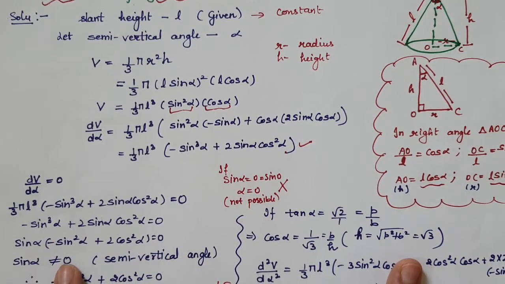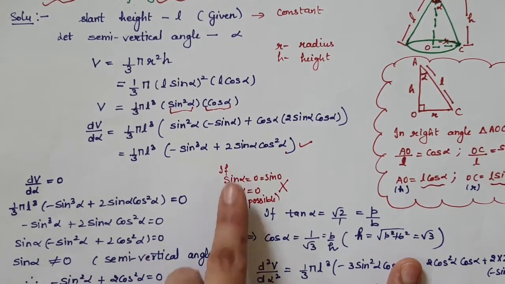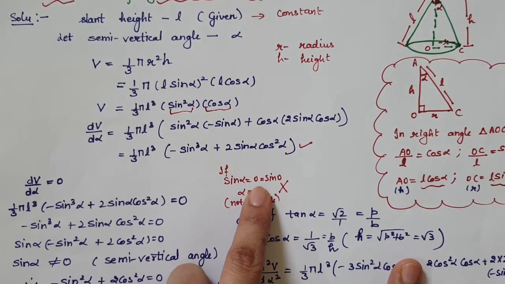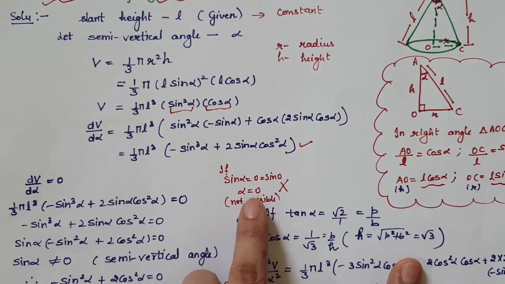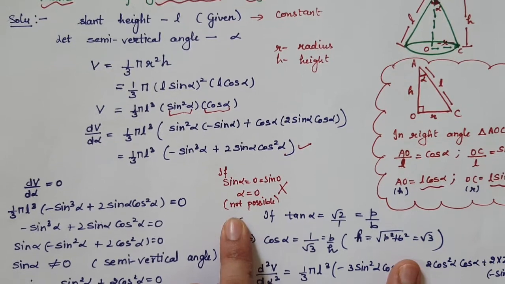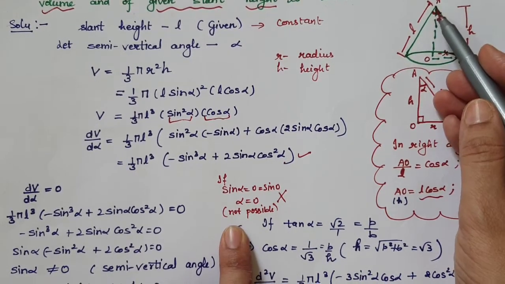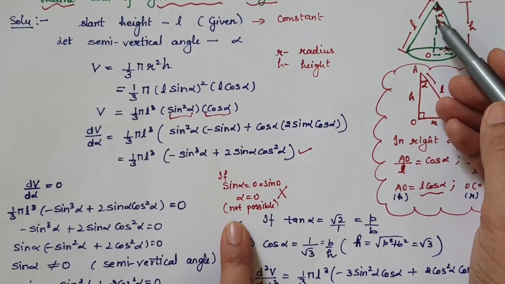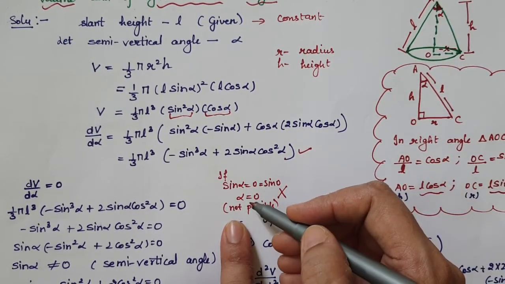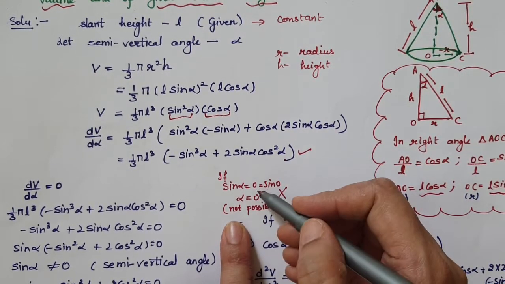Sin alpha is equal to 0, which cannot be possible, because if sin alpha is 0, that means alpha is equal to 0, but alpha 0 is not possible as this represents our semi-vertical angle, and if alpha is 0, we will not be able to construct our cone. So that is why we are going to reject sin alpha equal to 0.